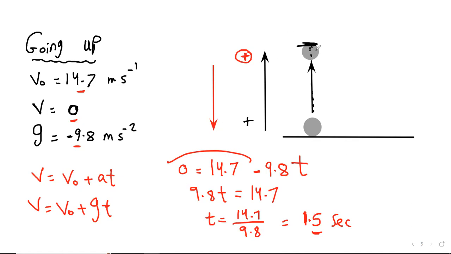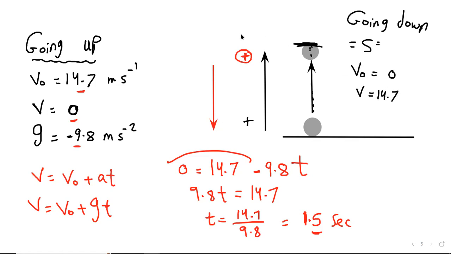And the time of the descending of the stone will be 1.5, and we can study the going down of the stone. So in going down, S, I don't know what S is, and V initial is 0. Why is V initial 0? Because the body starts its motion from rest. So V initial is 0, and V final is 14.7. And I'm assuming that the positive sense here is downwards.